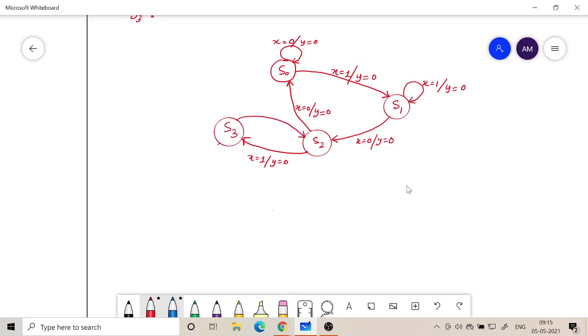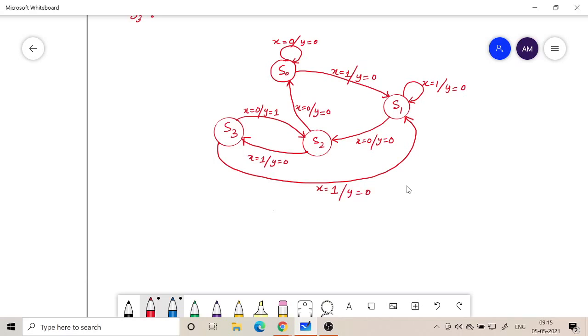So if x is equal to 0, I make y equal to 1 and go to S2, and then if x is equal to 1, I have 2 consecutive 1s, so I can only take the last bit as part of the detection, and y is equal to 0.